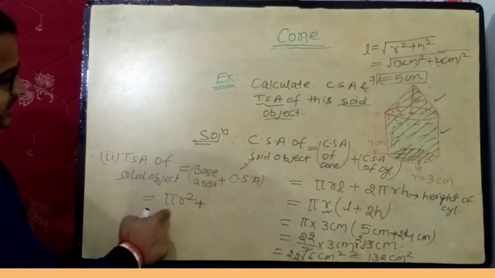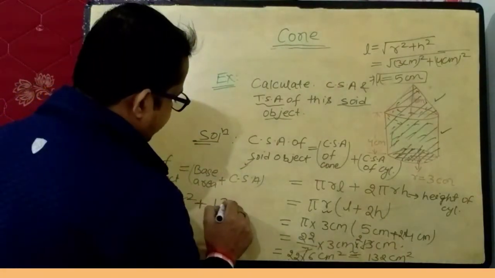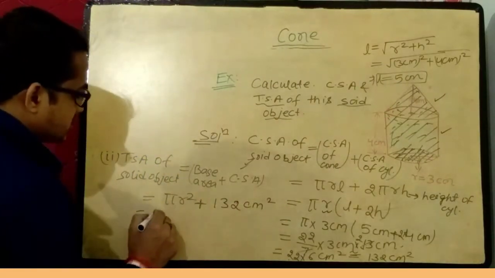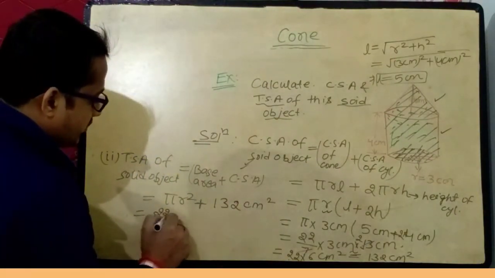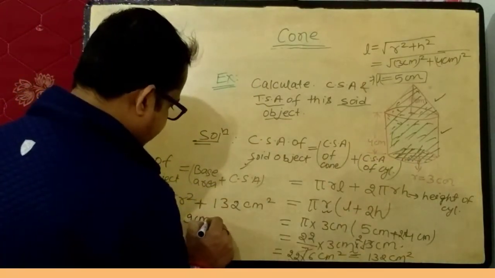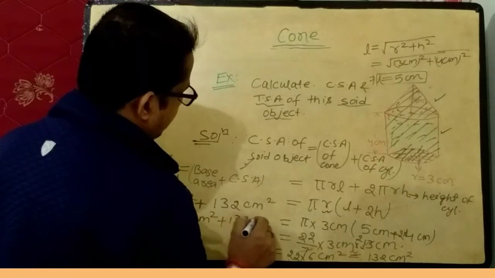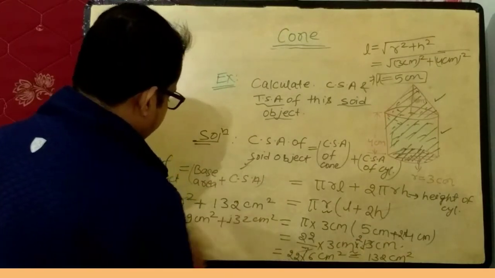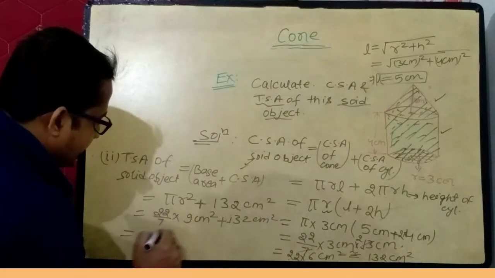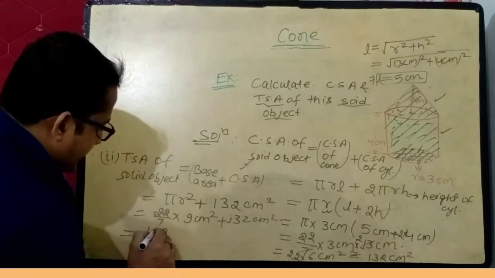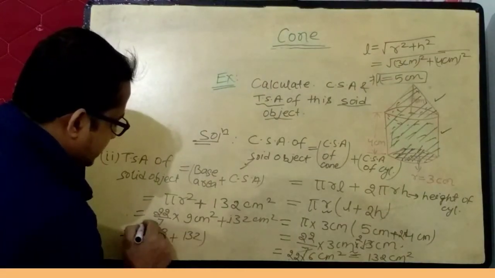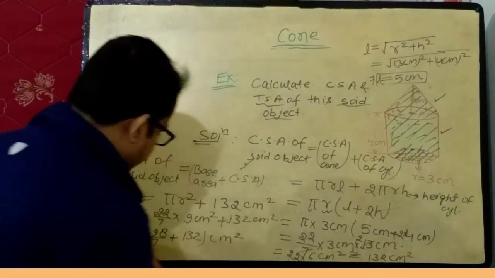Now this pi r square plus this curved surface area is 132 centimeter square. Put respective values, 22 upon 7 into radius 9 centimeter square, plus 132 centimeter square. Take centimeter square common and multiply these two terms. 198 by 7, plus 132 centimeter square.